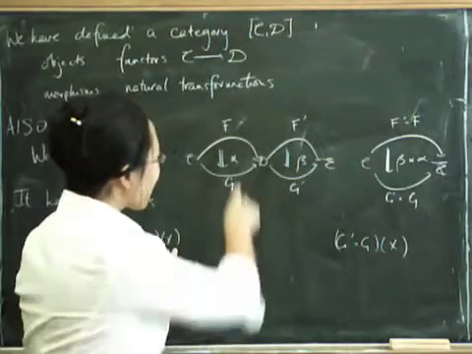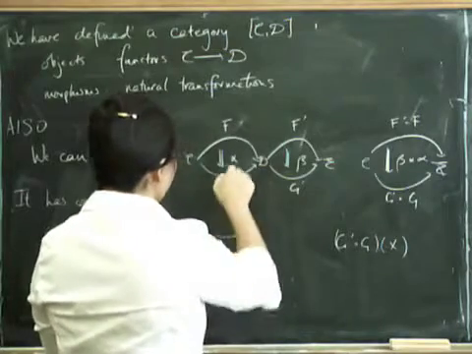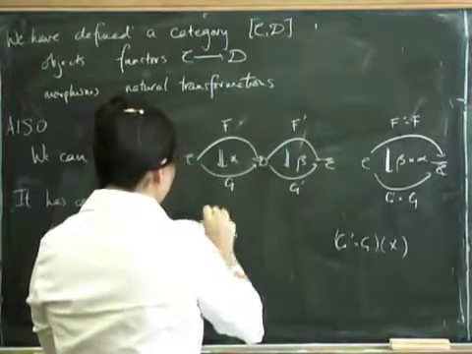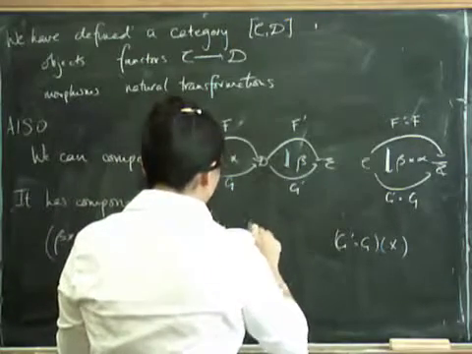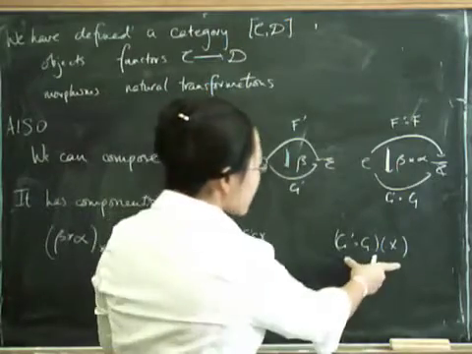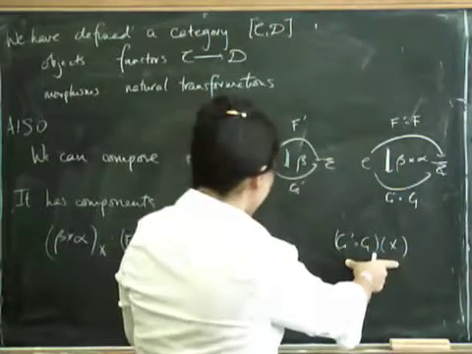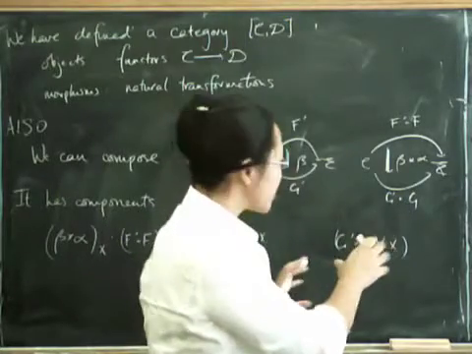Now we've got a map from F of x to G of x, which is alpha x. So if we do F prime on alpha of x, that takes us to F prime of G of x, right? Now this is G prime of G of x, and we've got a map from F prime of anything to G prime of the same thing.